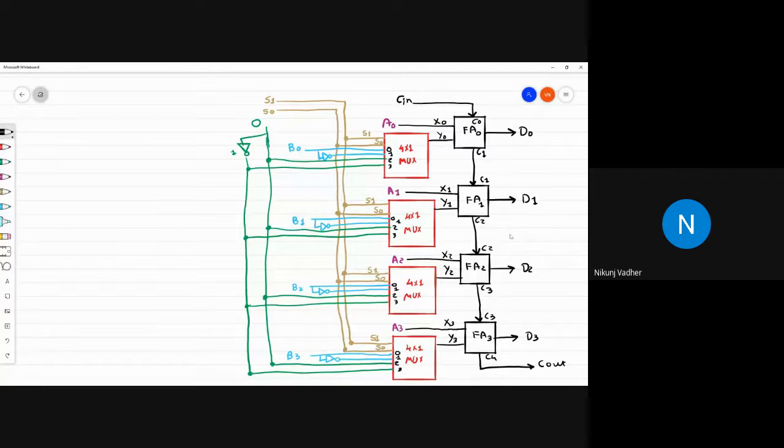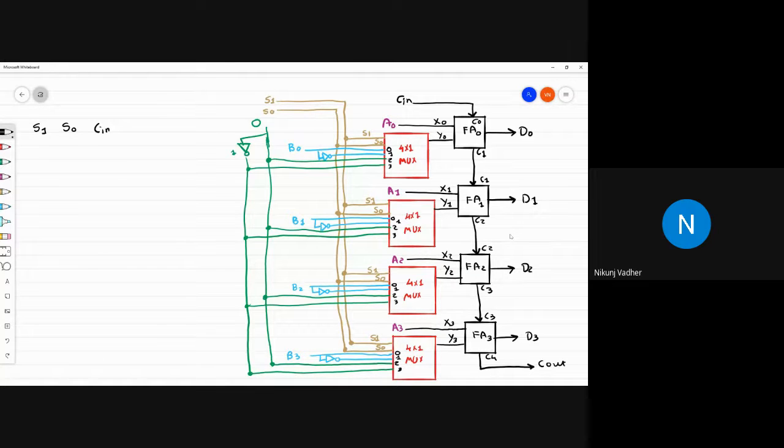Let me write down those three parameters and prepare a small table for you people, so you can have a clear idea. S1, then S0, then Cin. And then we will specify the input to this full adder. Now, by default, one input to this full adder is A0, A1, A2, and A3.